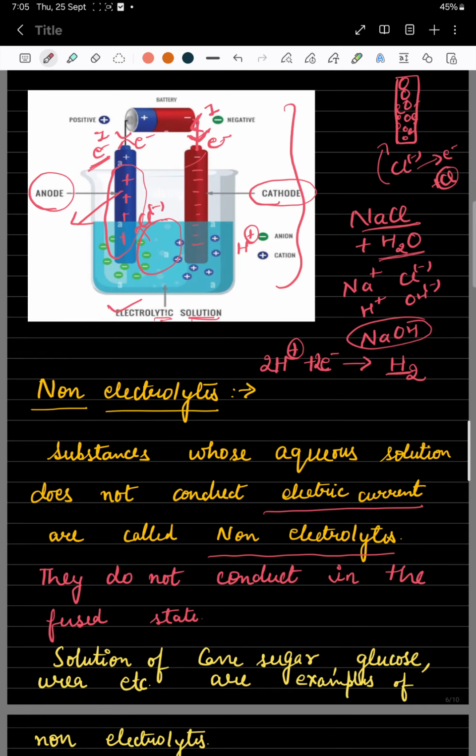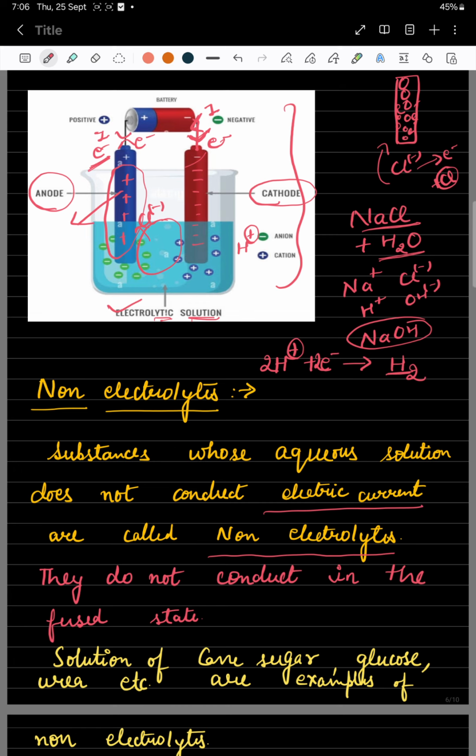Because they have free ions, the charge carriers. These charge carriers can move to the respective electrodes and also undergo electron losing and gaining processes. With the help of that, the electric current passes through the complete circuit.